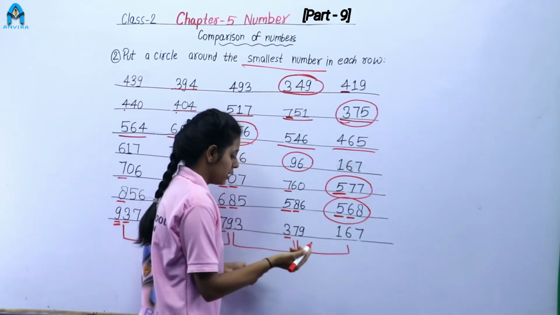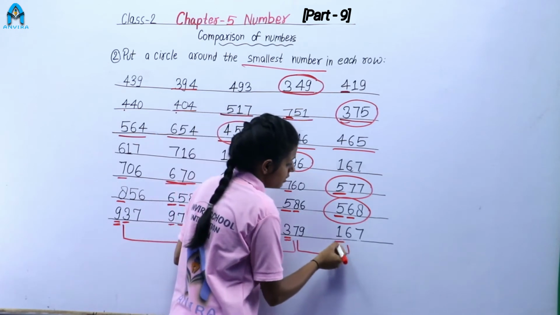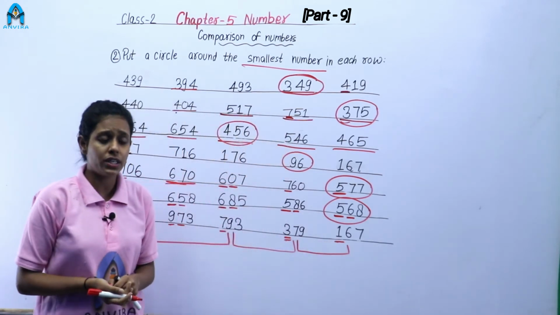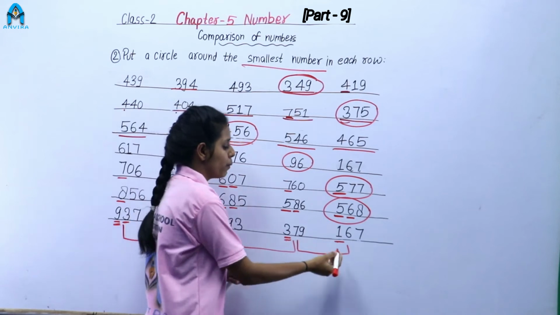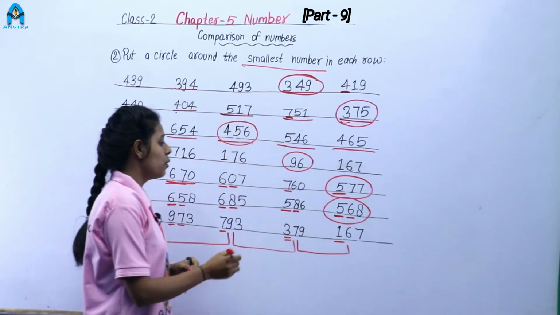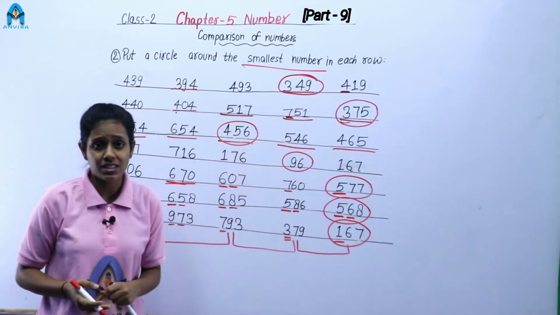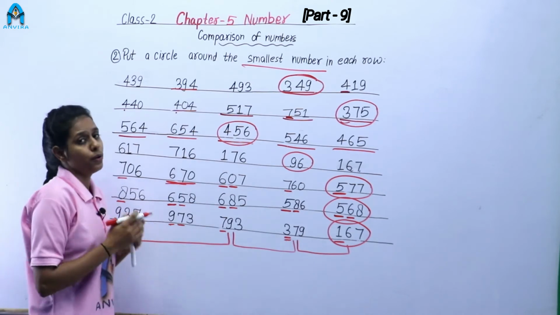Let's start with hundreds place. Here is 3 and here is 1. Which is smallest? Yes, 1 is smallest. So, we say 167 is the smallest number in this row.